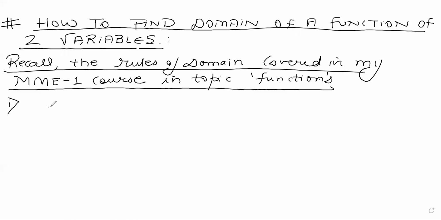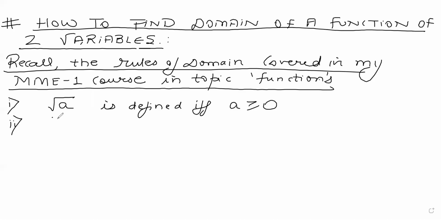If I have a function root A, root A is defined if and only if A is greater than or equal to 0. Any term within the square root should be greater than or equal to 0 for the square root to be well defined. Similarly, the second rule, the reciprocal function 1 upon A is defined if and only if the denominator is not equal to 0.